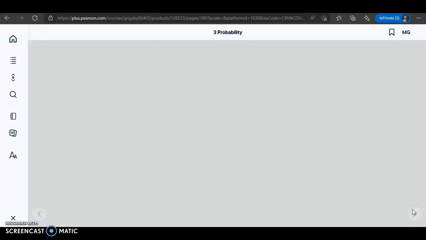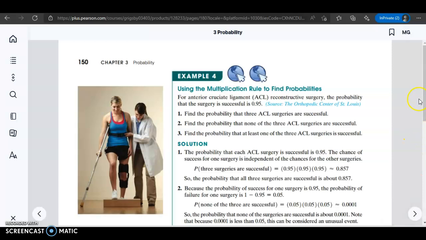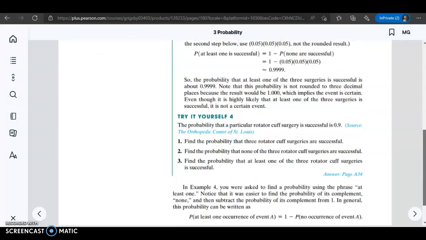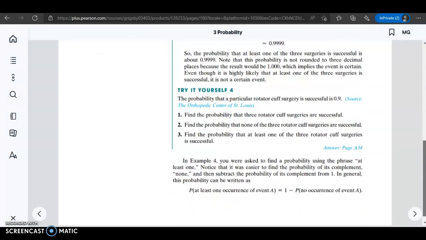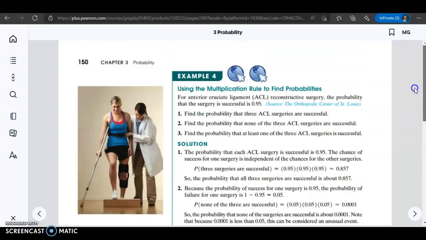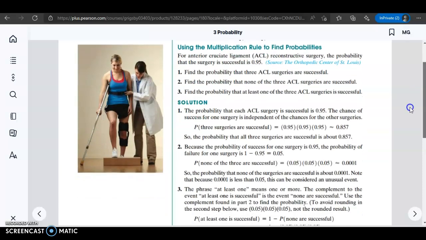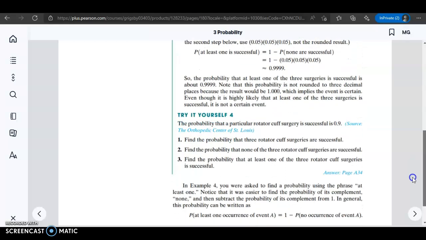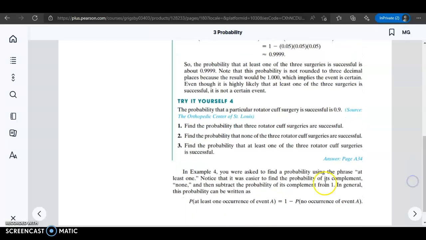So let's go ahead and find that section. There's an example on page 150 that's very similar to the one that we're doing right now. At the bottom of that page, it says in example 4, you were asked to find the probability using the phrase at least one.